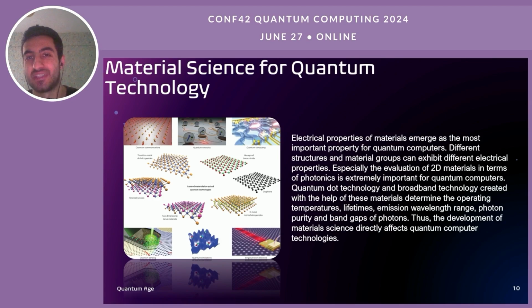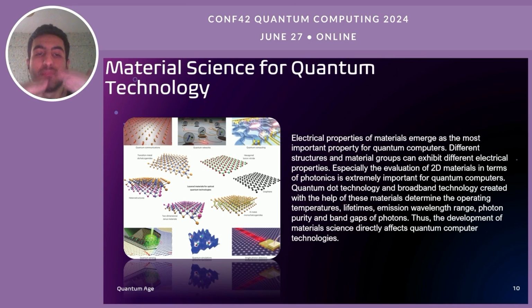It is very important and essential for broadband technology, for bandgap systems, for trapped ion systems. On the other side, quantum dot technology is very important for the superconducting quantum computing technology. And this is why it is important, because these different technologies use two-dimensional materials for the stability of the systems.